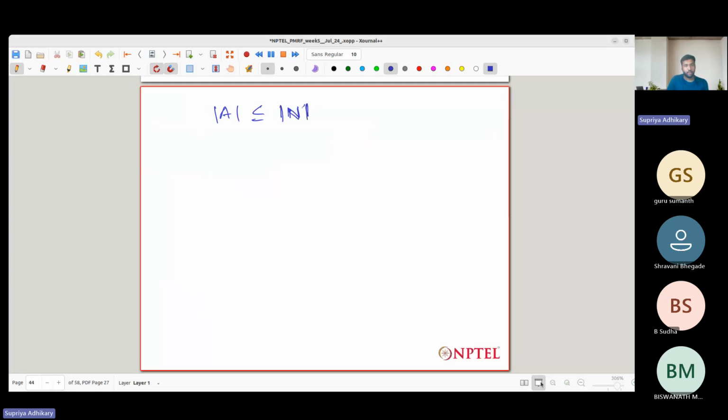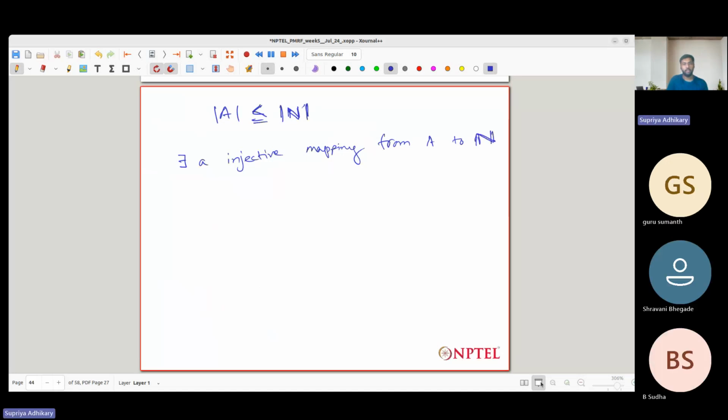So if this is true, then there is an injective mapping from A to N, since there are fewer elements in A, or at most the same number of elements as N. So then there always exists an injective map from A to N. Now consider this is our map from A to N, and this is an injective mapping.